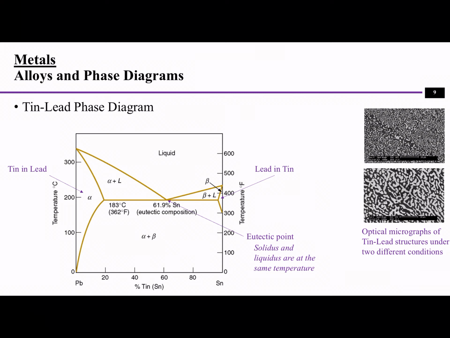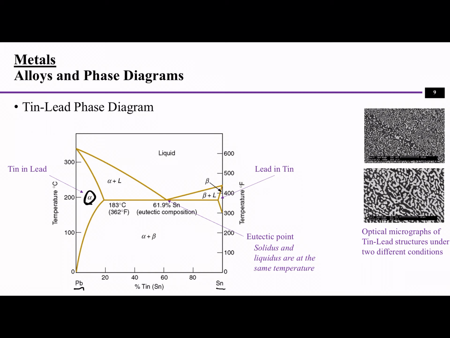This is another example, lead with tin, right? So this is tin and lead, and for example, this is the alpha phase here.